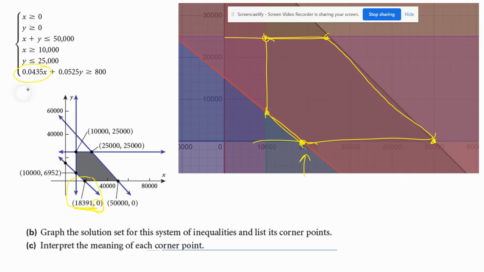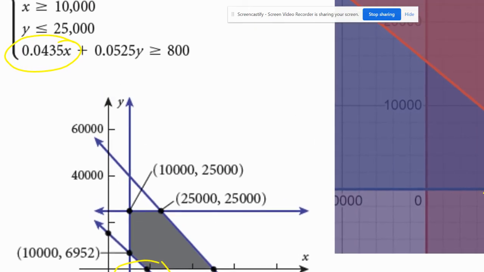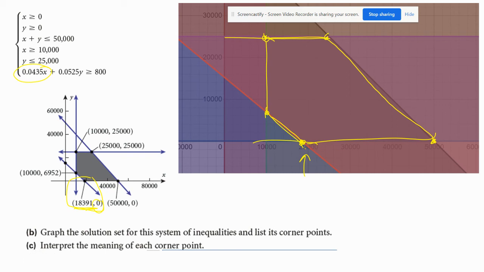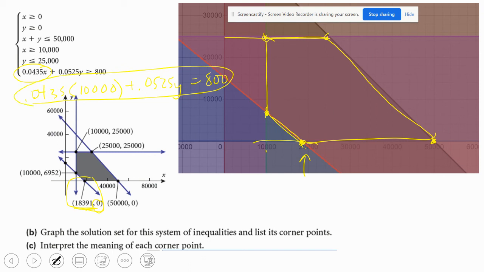So 0.0435 times 10,000 plus 0.0525y equals 800. And that's because we know what x is. We know x is 10,000 there. So you can always go back to your equations and plug those in. You might be able to click on it on Desmos and get that actual number as well.